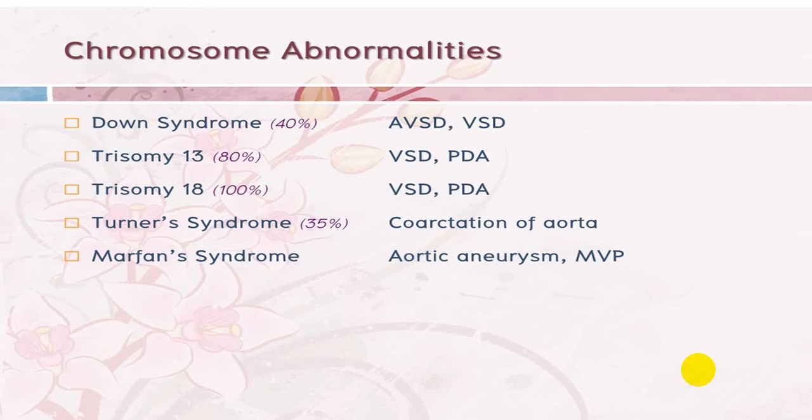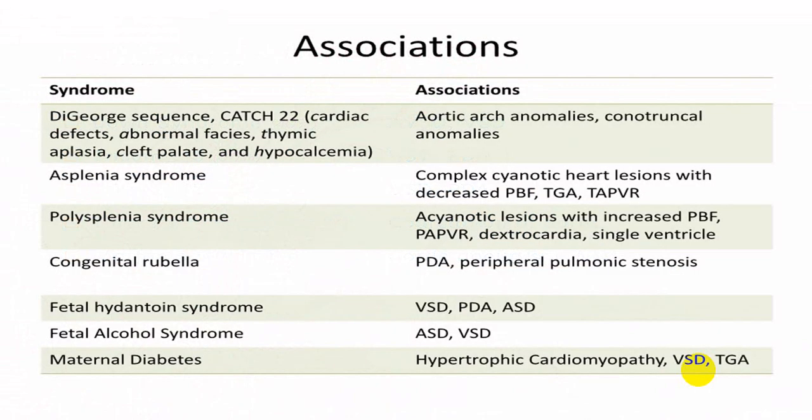I have taken some of the common ones, but there are a lot of different conditions you can go through: DiGeorge syndrome, asplenia syndrome, polysplenia syndrome, congenital rubella, and fetal hydantoin syndrome. This is because of anti-epileptic drugs, diphenylhydantoin sodium. Then fetal alcohol syndrome, maternal diabetes, etc. These are the different conditions in which congenital heart disease is commonly seen, which you can go through.